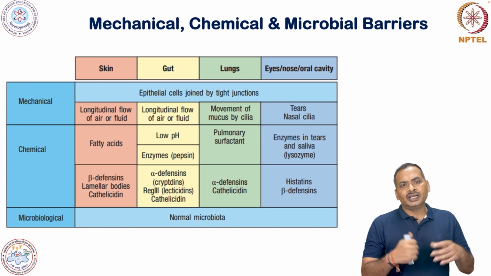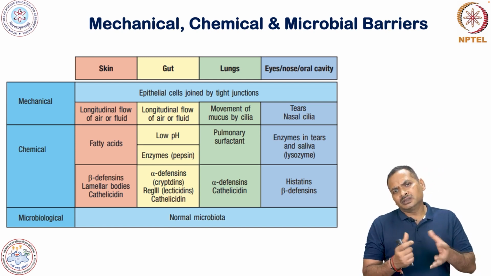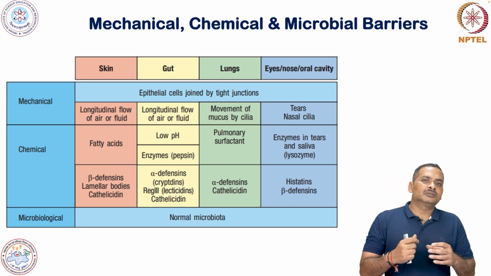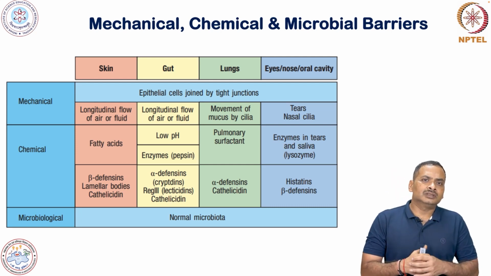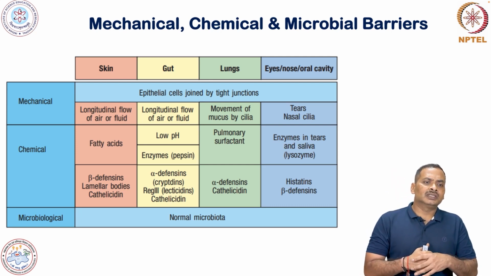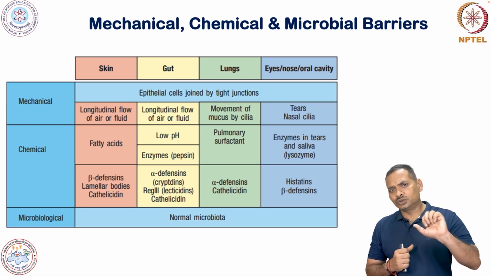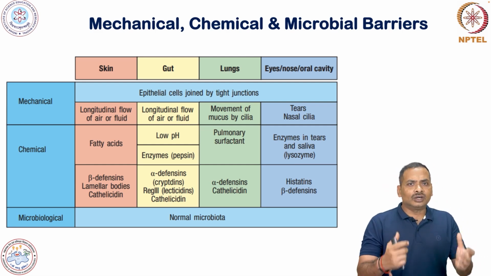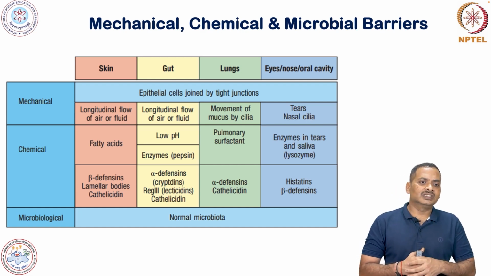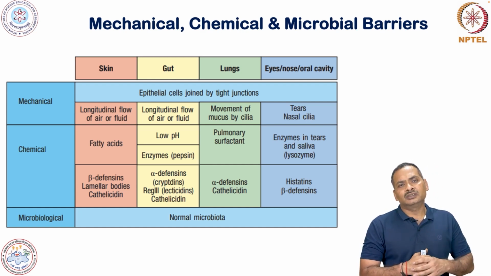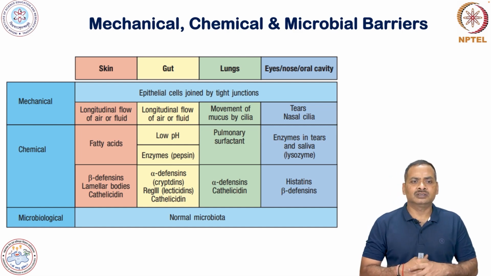These molecules are present in a structure which we call lamellar bodies, which keep on secreting them. I will talk more about defensin and cathelicidin, how they work, in a subsequent session.